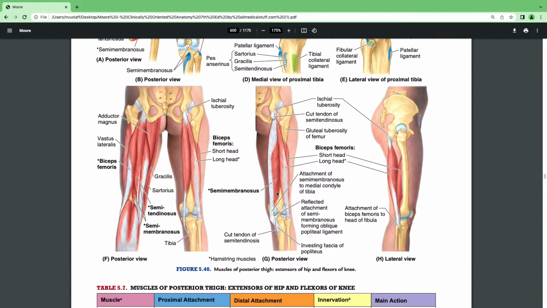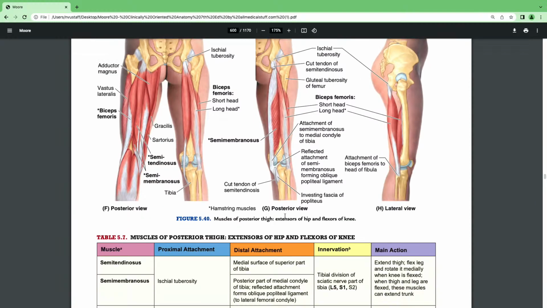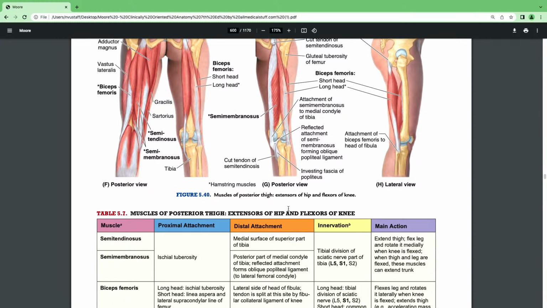Extension of the hip joint, you say? Okay, maybe. Knee joint. Anything else? Guys, first of all, it was written here, to be honest, but okay.